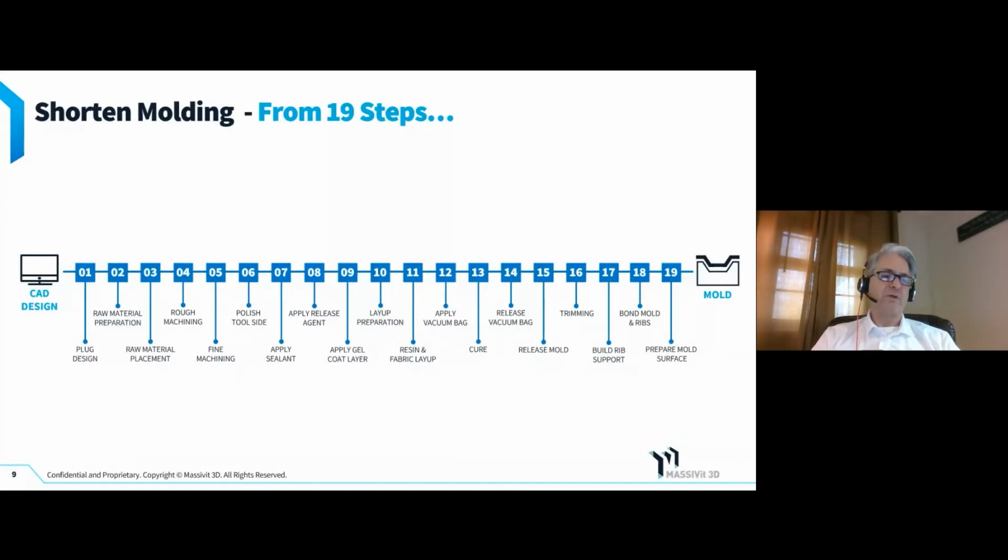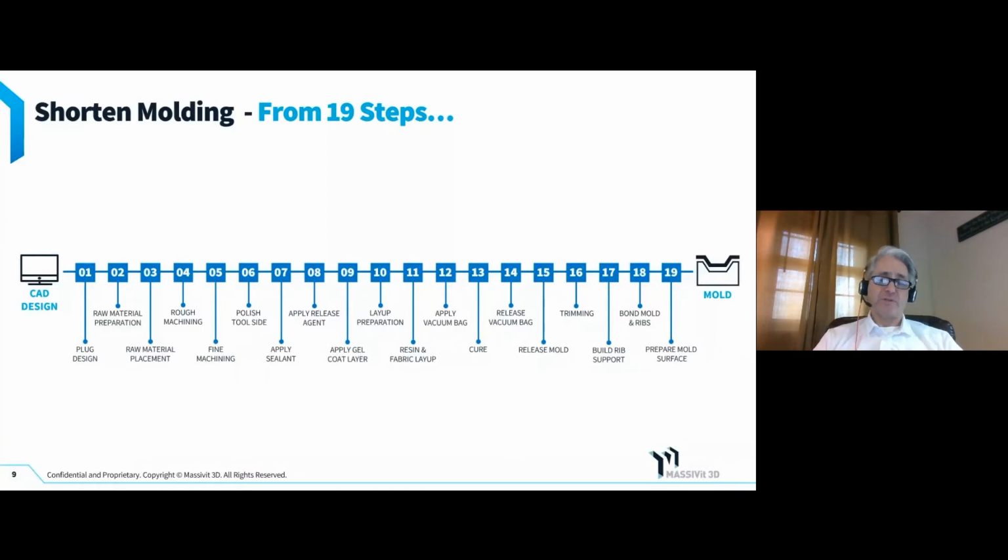Once you remove the mold from the master tool plug, you typically go through another 4 or 5 sanding steps, all the way through wet sanding, and then a couple polishing steps, a couple buffing steps. Then you have to seal the mold with a mold sealer before you apply the semi-permanent mold release. So that's another 8 or 9 steps. But for simplicity's purposes, there are 19 general steps to make a mold after you have the CAD design.